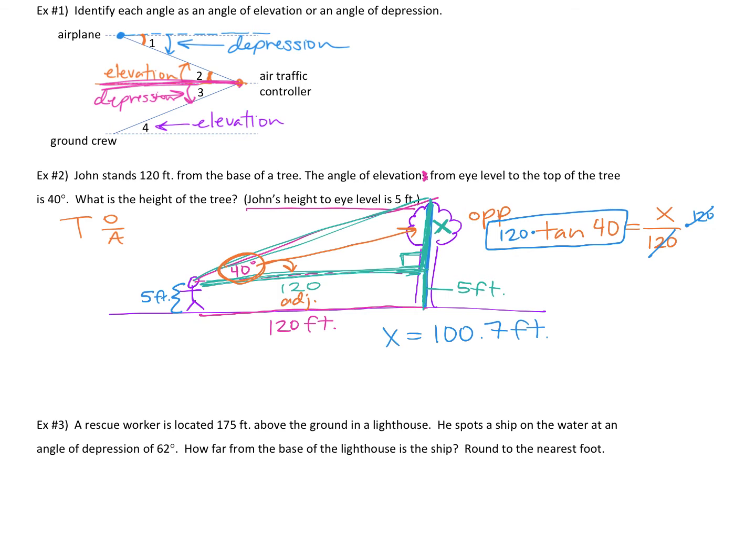You have to add his eye level line to that number. So we found that this top portion of the tree, the pink on my picture, is 100.7. We need to add the 5 to it, so it'd be 105.6. So if we said to the nearest foot, how tall is that tree? It's approximately 106 feet tall.